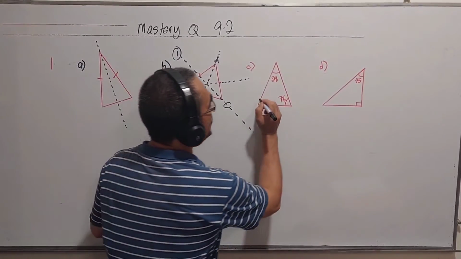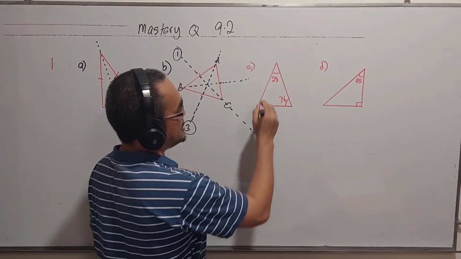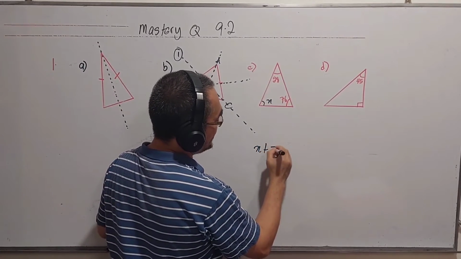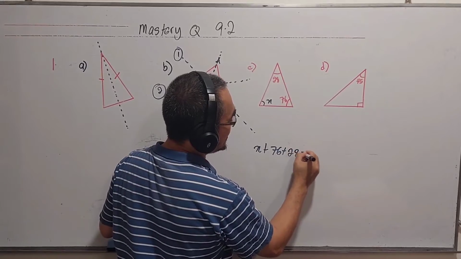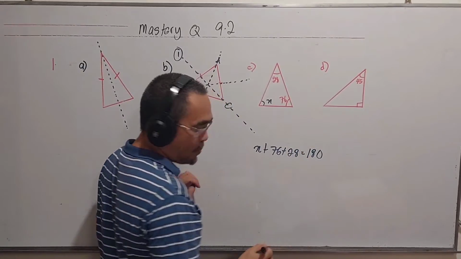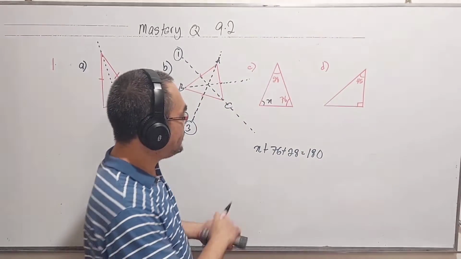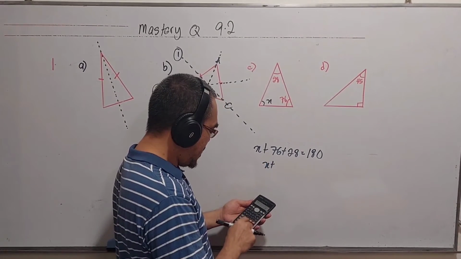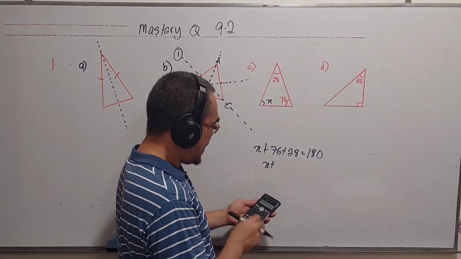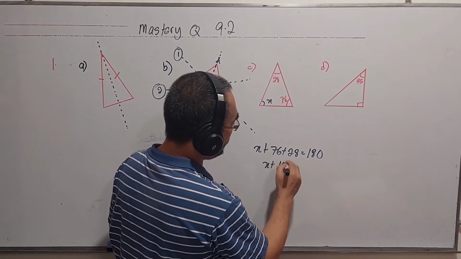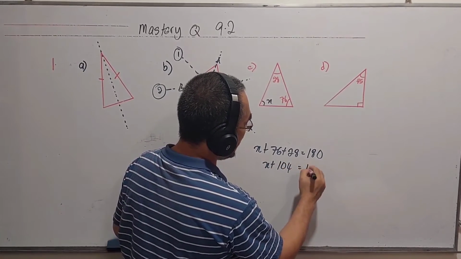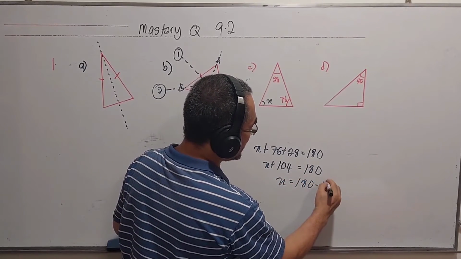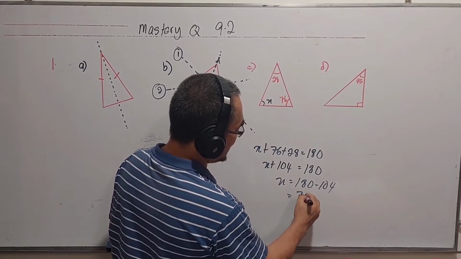I do not know what is the angle here. Let's find the value of x. So x plus 76 plus 28 equals 180. So x plus 104 equals 180. So x is 180 minus 104, which is 76.